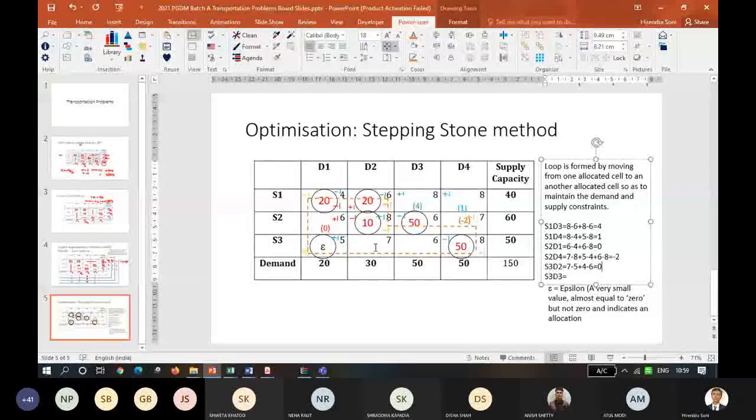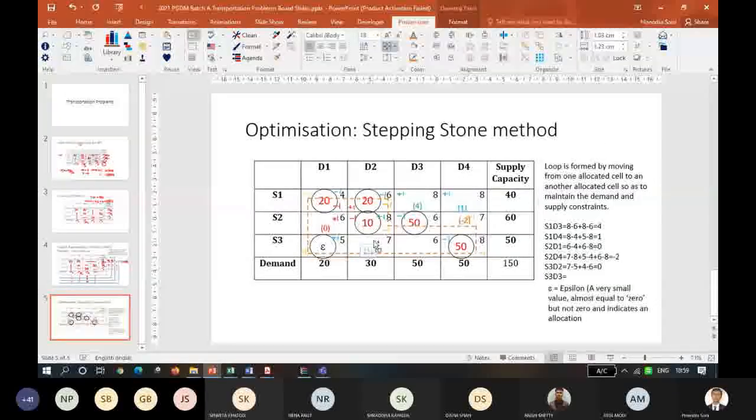So in case an allocation is made in this cell, the net effect would be 0. I will put it in black only because we are not showing the working of it here. Fine. I hope you understood the working, the loop. Yes, sir. Or should I make the loop also for you?